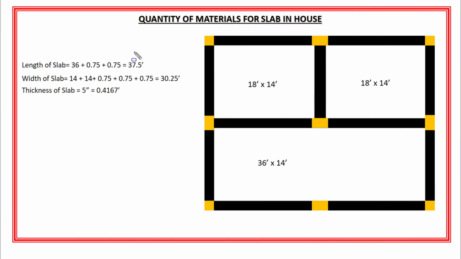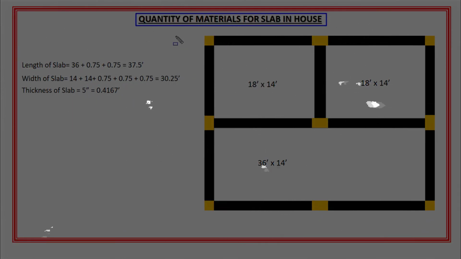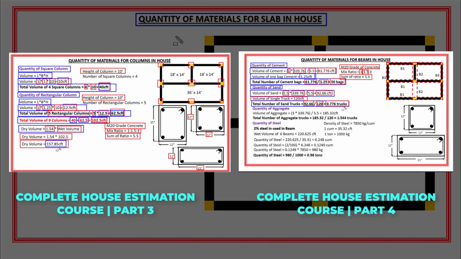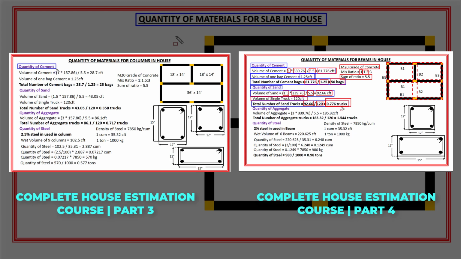Okay, so in today's video, our topic is how to calculate the quantity of materials for slab in a house. Now in previous two parts of the complete house estimation course, I have explained how to calculate the quantity of materials.